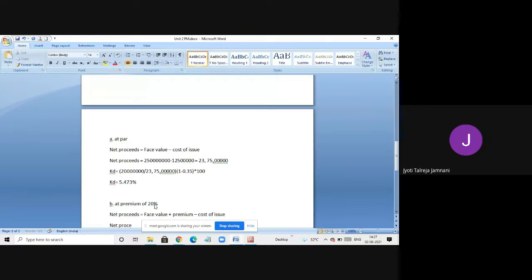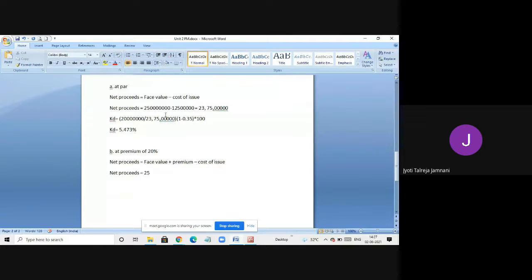So net proceeds is equals to face value 25 crores plus premium, which is 20% of 25 crores, minus cost of issue, which is 5% of 25 crores, which we have calculated above already.